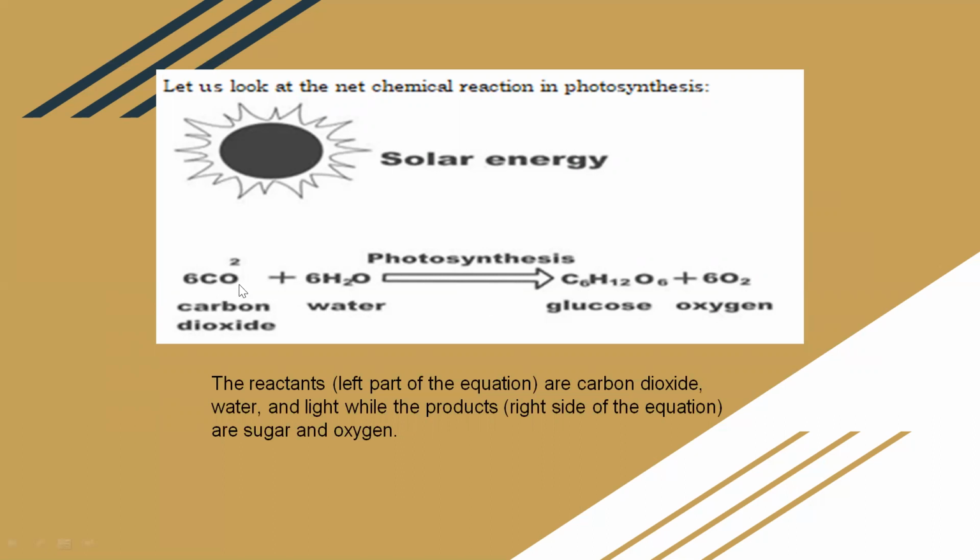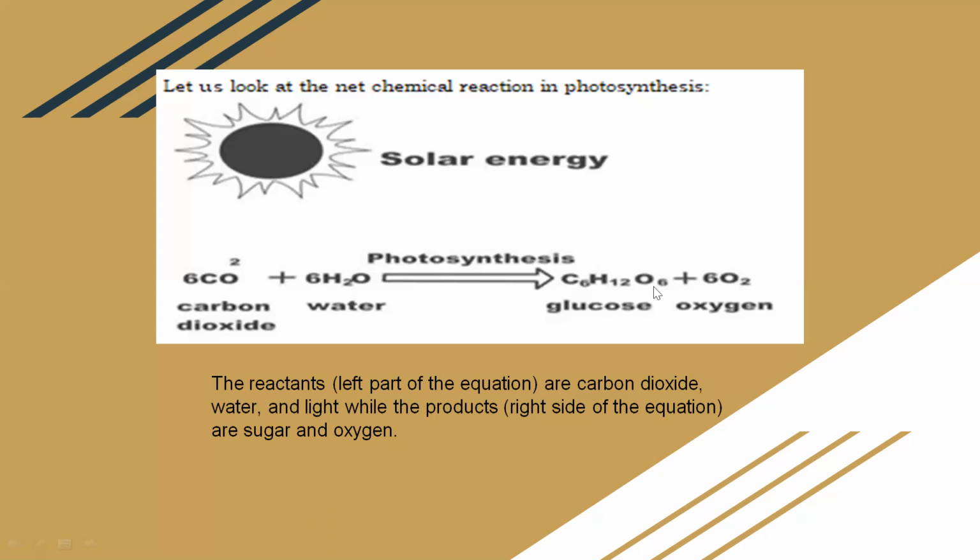For the oxygen, here in carbon dioxide, the number here must be a subscript, so the 2 must be here. So 2 times 6, that would be 12, and we have 1 times 6, that would be 6. So the total is 12 plus 6, which is 18. So the oxygen must be 18 in the product.